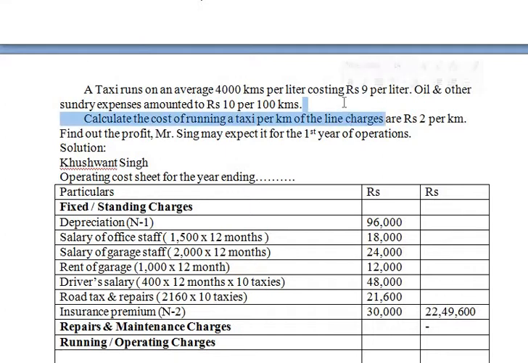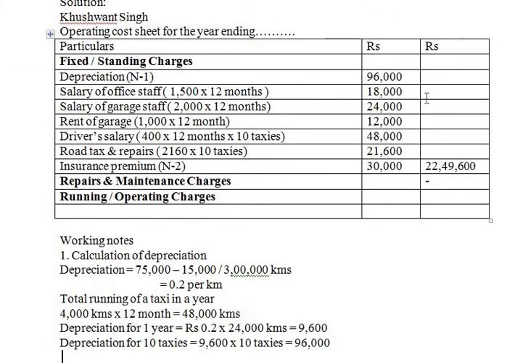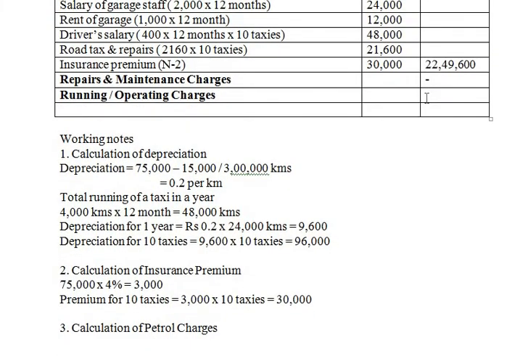Here we have the information related to oil. The taxi runs on an average 9 kilometers per liter, costing rupees 9 per liter. Oil and other sundry expenses amounted to rupees 10 per 100 kilometers. Now for petrol charges calculation, we will have one working note. Take down third working note, calculation of petrol charges.